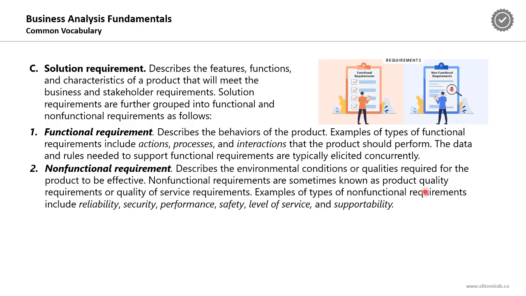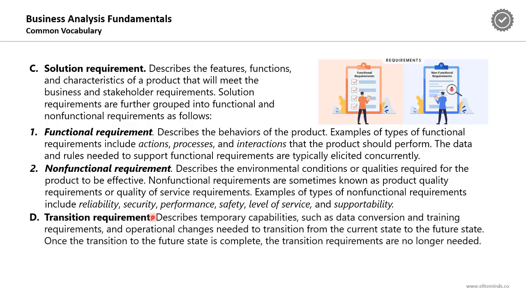Non-functional requirements are sometimes known as product quality requirements or quality of service requirements. Examples include reliability, security, performance, safety, level of service, and supportability. So solution requirements describe features, functions, and characteristics of a product. They can be functional or non-functional. Functional, describing the behaviors of the product itself. Non-functional, describing the environmental conditions where the product will operate.